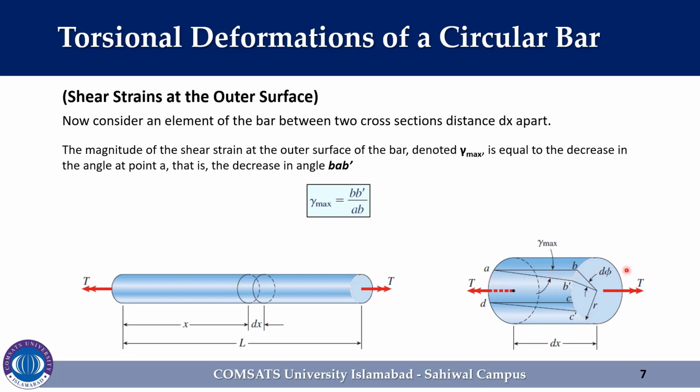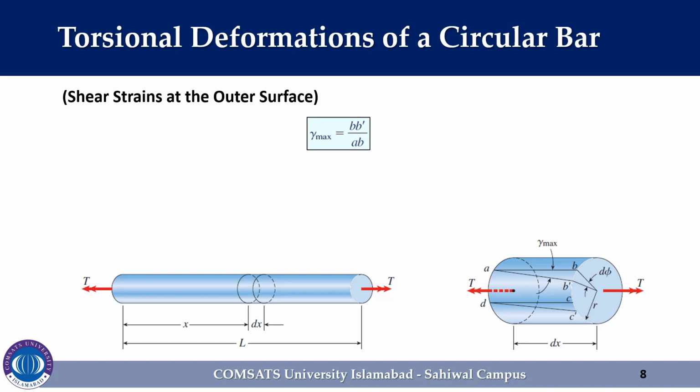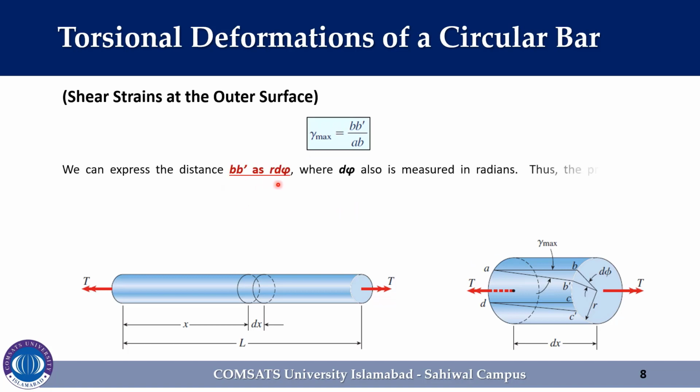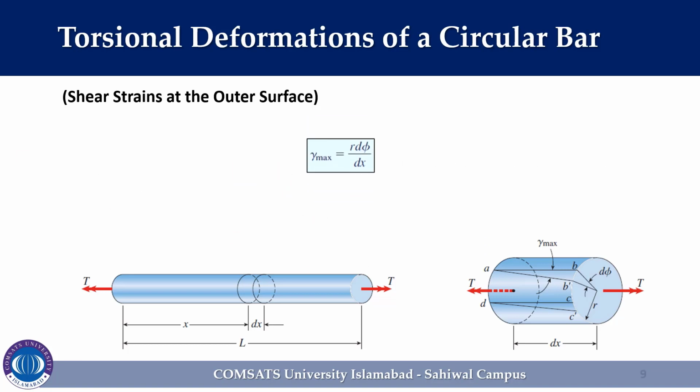AB is the length of the element, equal to dx, with r denoting the radius of the bar. We can express the distance BB slash as r d phi, where d phi is also measured in radians. Thus the preceding equation becomes gamma max equals r d phi over dx. So this equation relates the shear strain at the outer surface of the bar to the angle of twist.